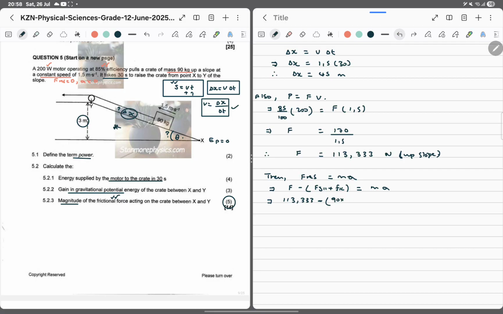Oops, not 10. Gone are those days of taking the gravitational acceleration as 10 times sine theta. Now sine theta is opposite over hypotenuse, which is going to be 3 over 45, right? Plus FK is equal to 90 times 0. Sounds right to me.